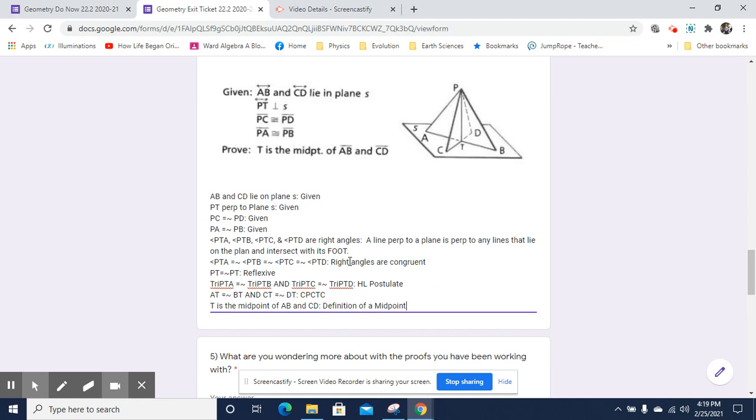So I'm going to change this a little bit. I think probably the better way to do this is to say all of these triangles are right triangles, because that's actually more to the point.